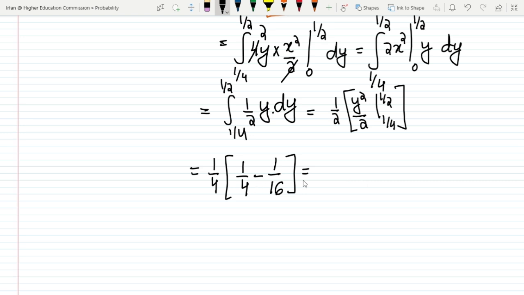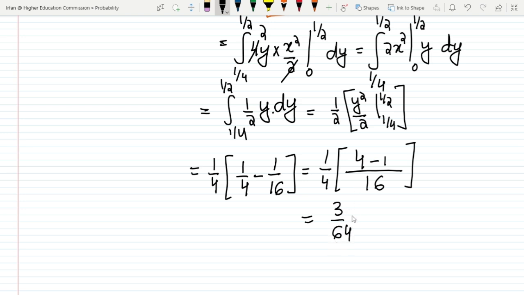Okay. So, solving it, this will become 1/4 times 1/16 times 4 minus 1. So ultimately I will get 3/64, which is the answer of part A of my question. Okay, this is the solution of part A of my question.